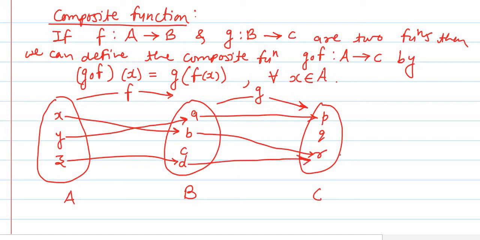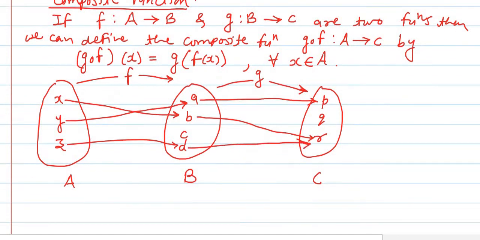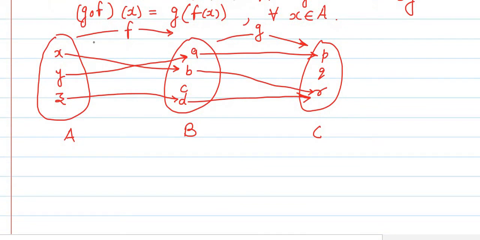So in this case we have f(x) equal to b, and we have g(b) equal to r.